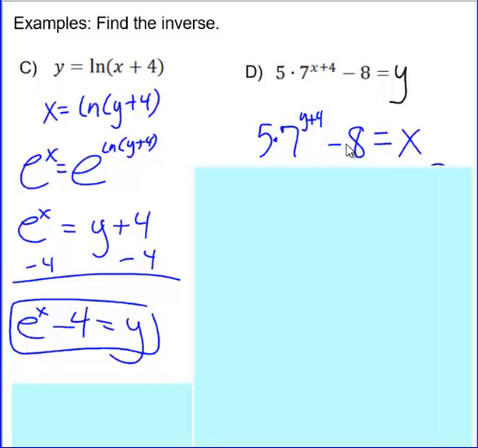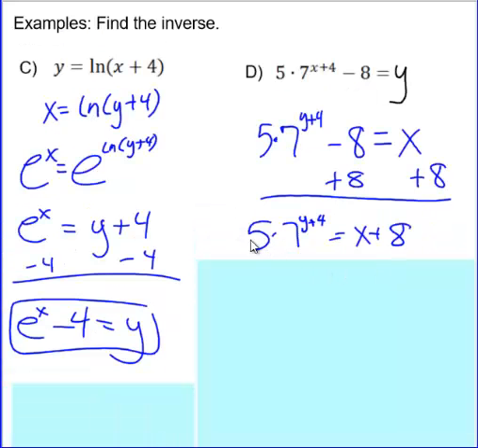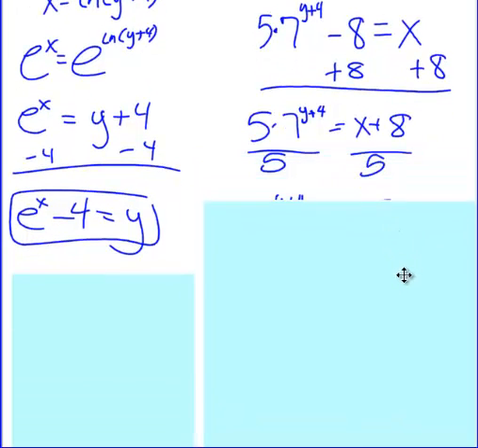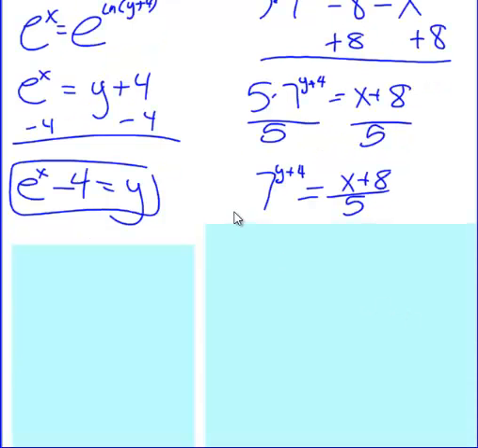So we do that the way we solve any other regular equation. Add 8 to both sides first. And you get your x plus 8. Then we divide by the 5 in the front. Okay, and simplify. So we have 7 to the y plus 4 equals x plus 8 divided by 5.